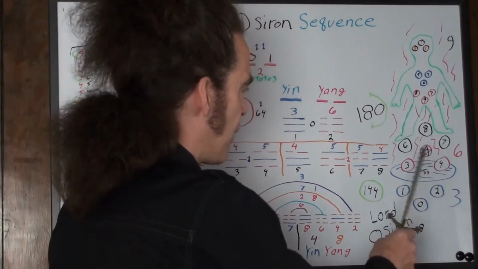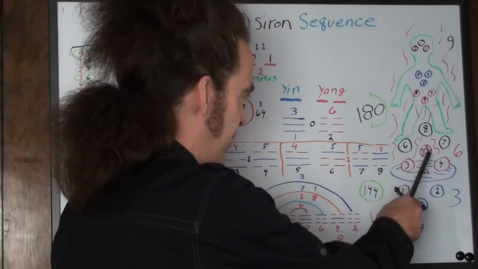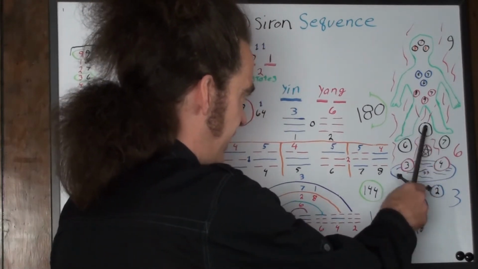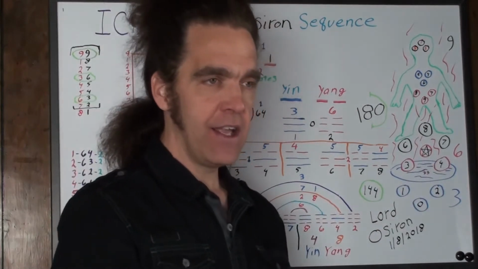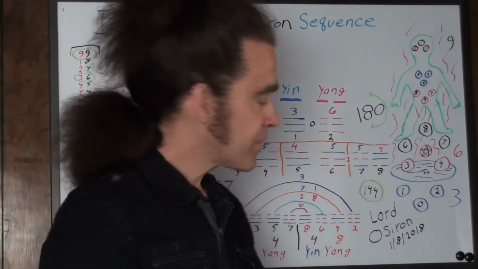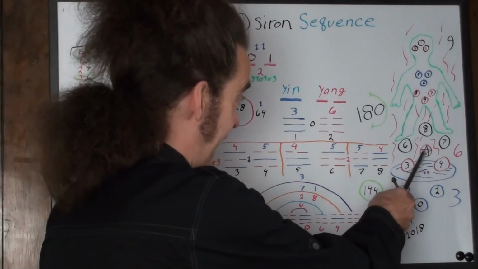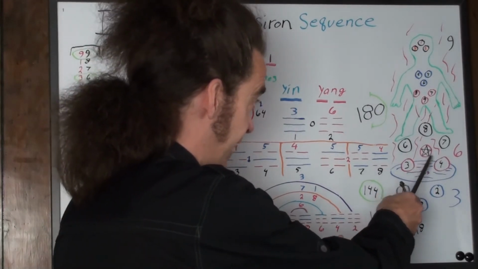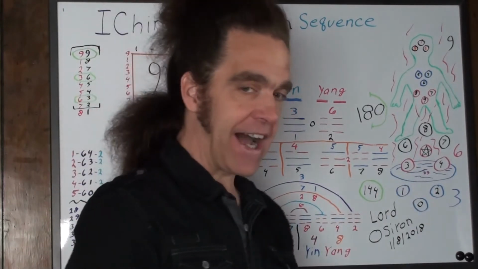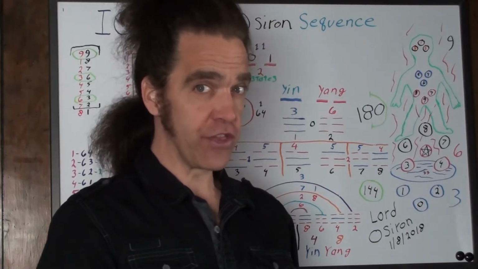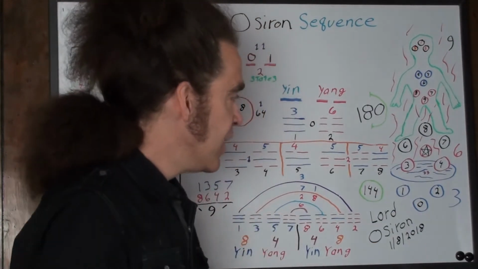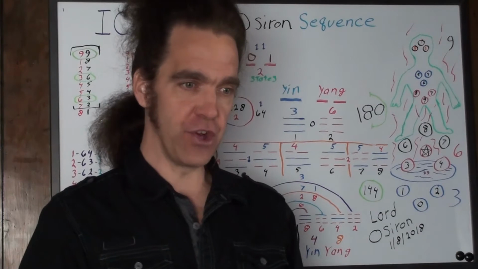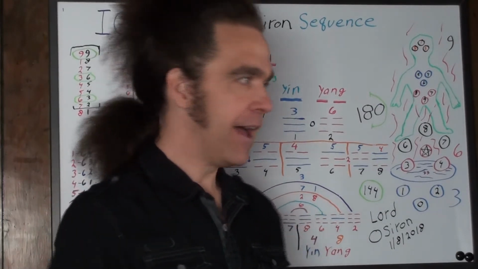And if you add all the numbers besides that 5 in the middle, like 3, 4, 6, 7, and 8, it adds to 28, and 28 reduces to a 1. If you add that 1 to the 5 in the middle, that gives you 6. But if you add 5 to 28, that gives you 33. Okay? So now we're seeing the correlation to 33 in Freemasonry and all that here.